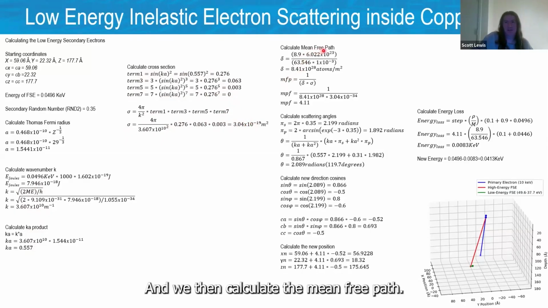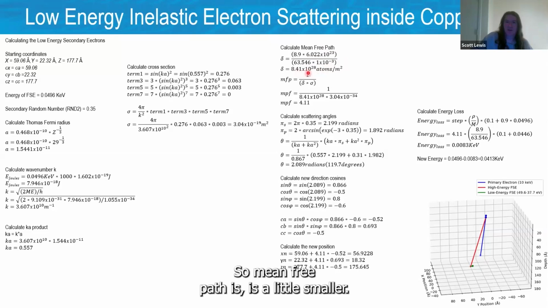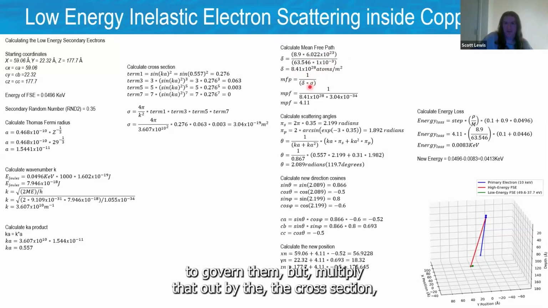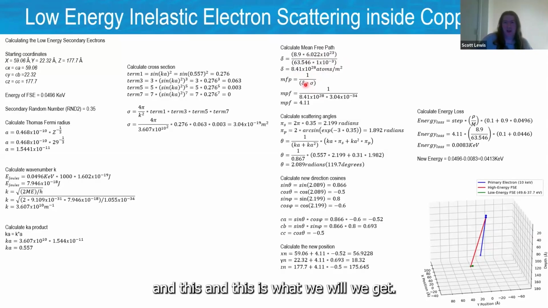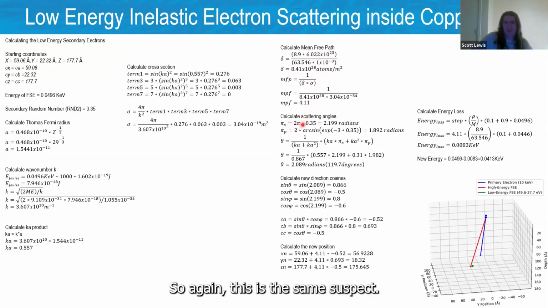And we then calculate the mean free path, and the mean free path is governed by this, not what we calculated earlier. So the mean free path is a lot smaller, and of course we multiply that out by the cross section, and this is what we get. We need to calculate the scattering angles. So again, this is the same, and then we use this formula, and we pull this out.